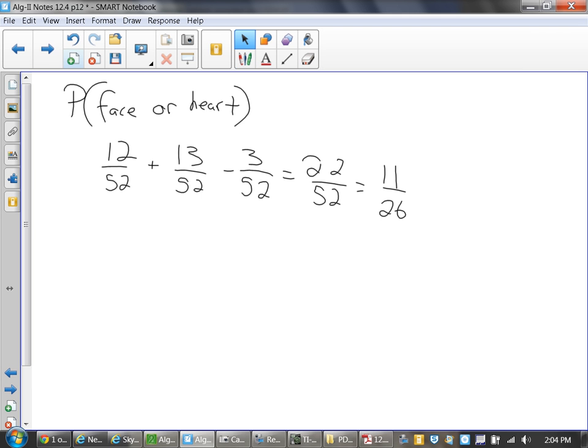Good. So the probability of a face card or a heart: 11 out of 26, almost 50%. Yeah, I win. That's why I don't gamble. We'll take the 2-card pickup.